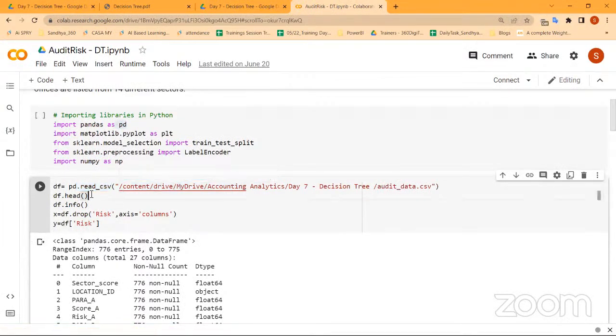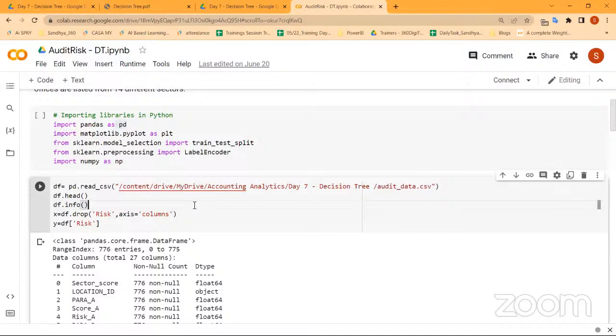Later on, I'm printing the head, which prints the top 5 rows, and info. Info will print whether each column is non-null and what the data type of each column is. Everything will be given by dataframe.info, or df, or simply the variable name .info.